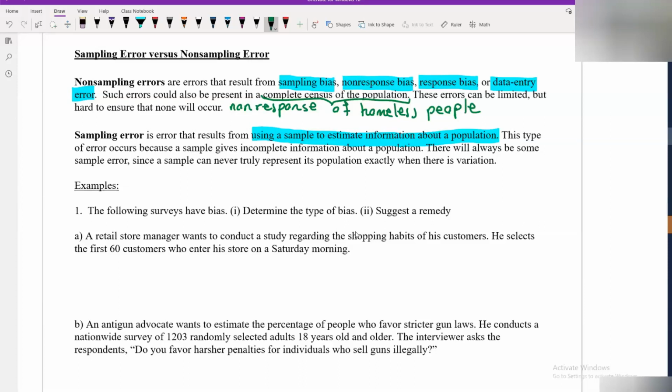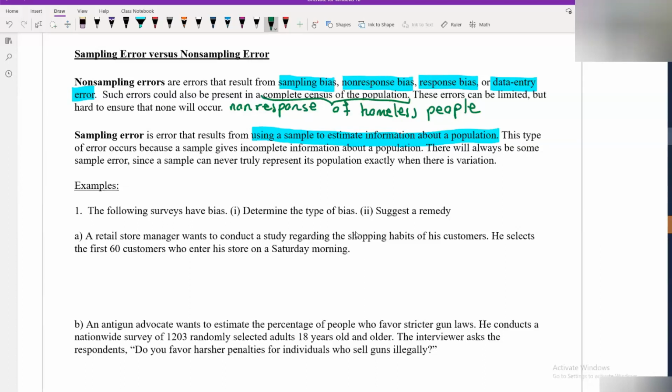We cannot say whatever the answer was for the sample, we're going to have exactly the same answer for the population. It's not only what we have in the sample. That's only an estimation, not a correct answer that we can refer to for our conclusion.